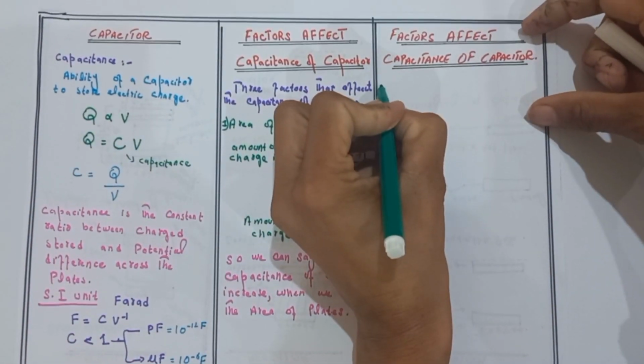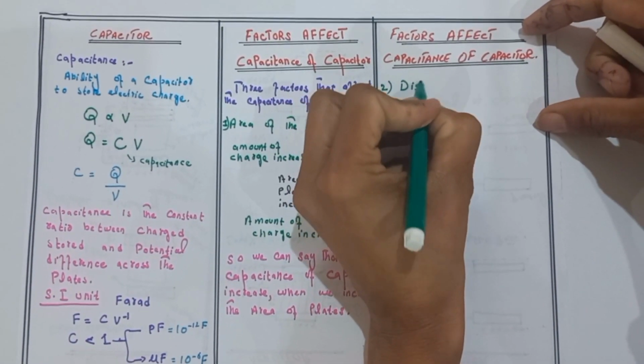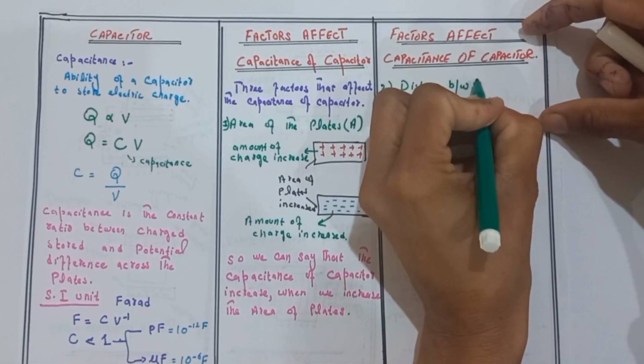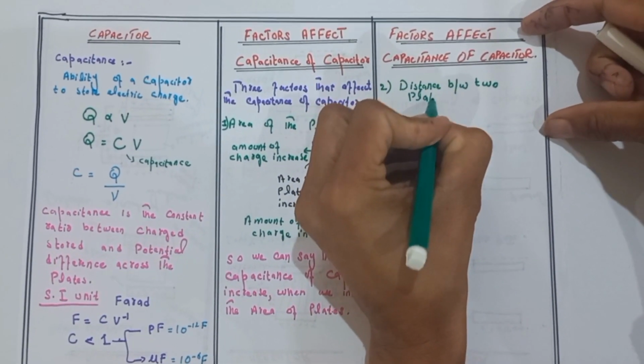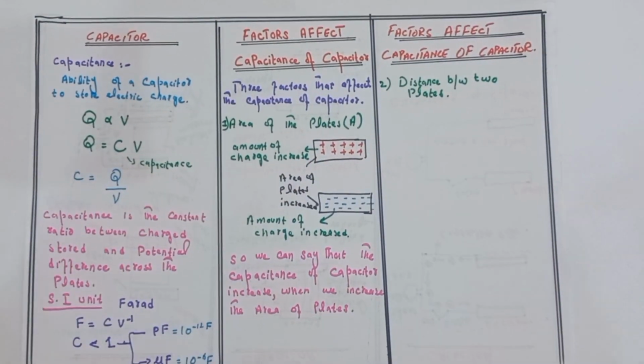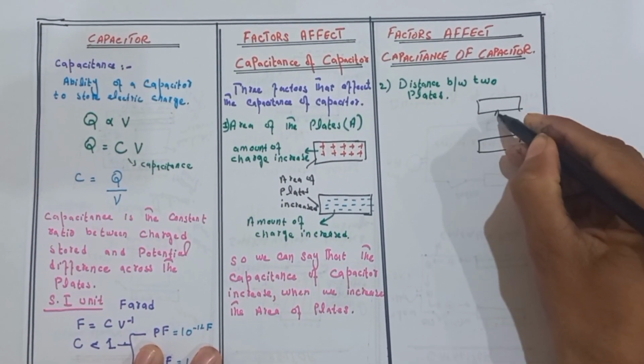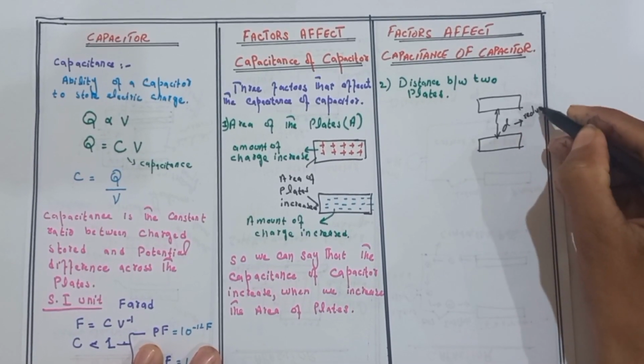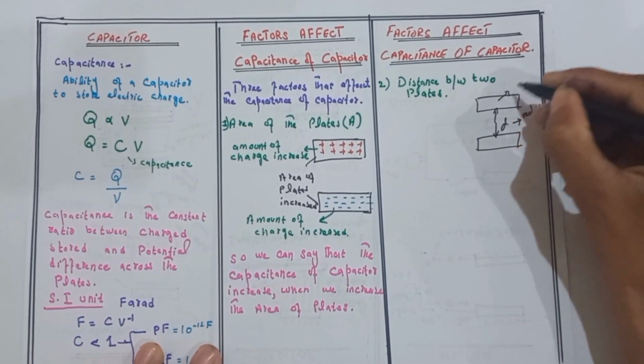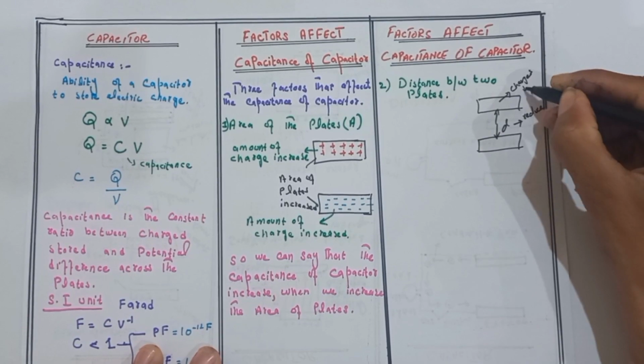Now the second factor that affects the capacitance of the capacitor is the distance between the two plates. If the distance between the two plates is reduced, then the amount of charge increases.